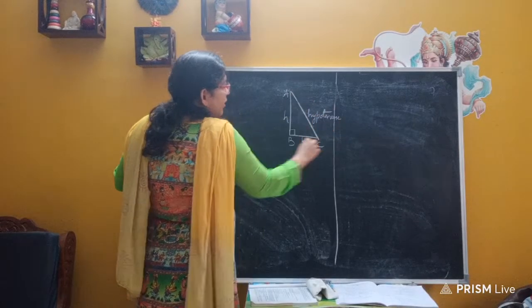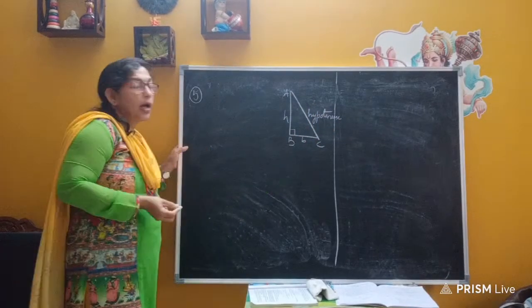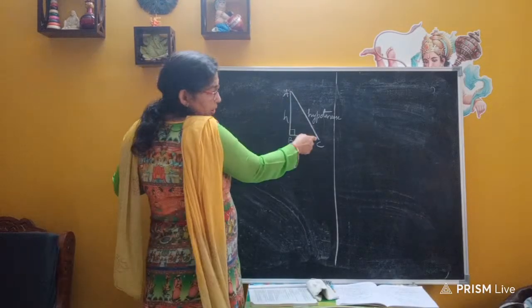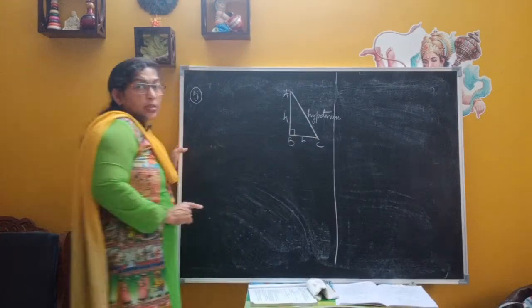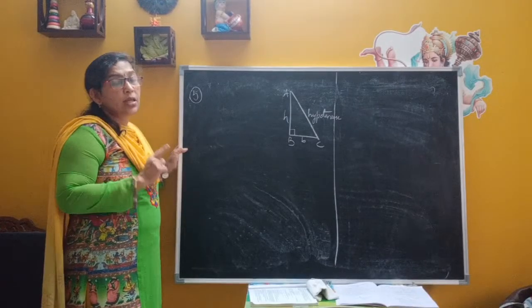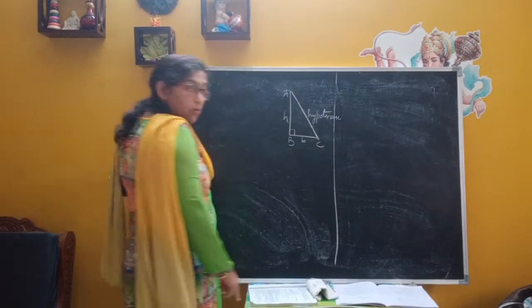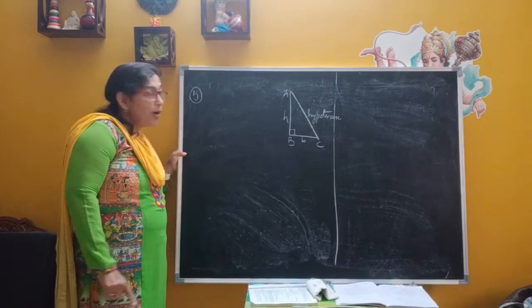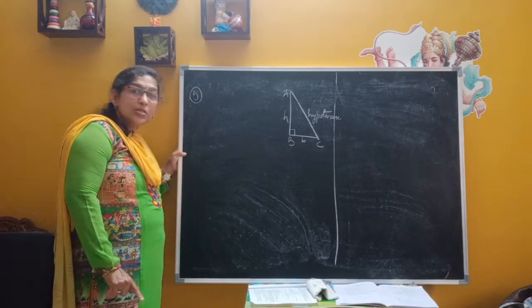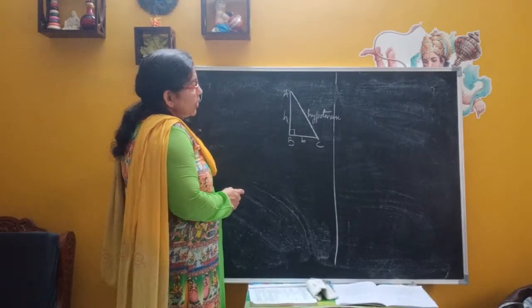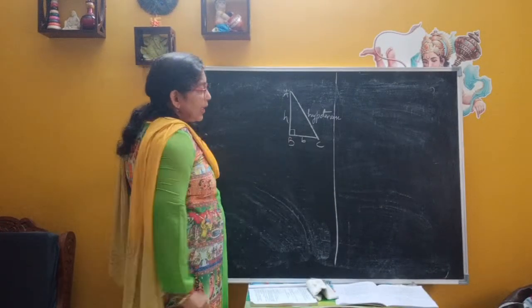The side opposite to the right angle, that is 90 degree, is called the hypotenuse of the triangle. So the hypotenuse is the longest side of the right angle triangle. Now I think you can understand what we are going to use here. Pythagoras theorem. Okay, because we use Pythagoras theorem only for a right angle triangle.